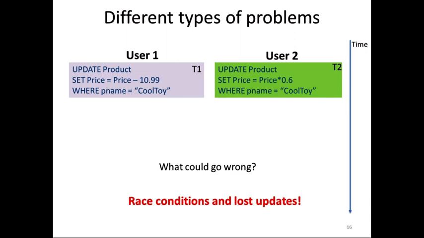Vice versa, if we execute first transaction 2, so reducing by 40%, and then transaction 1, the resulting price will be 1.01. So, sorry, if we do transaction 2, then transaction 1, if I'm not mistaken, the result should be 1.01.